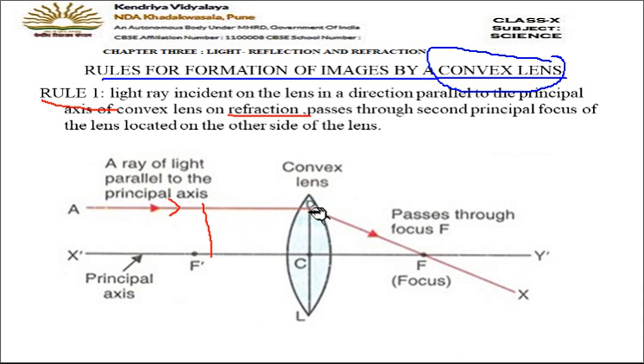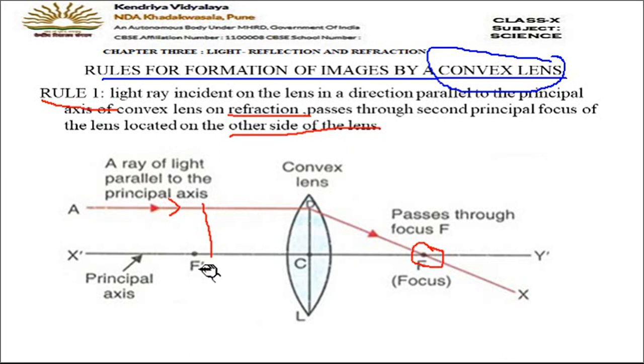So when a light ray which is parallel to the principal axis falls on the lens, it gets refracted, and after refraction it passes through the focus point on the other side of the lens. Why are we writing on the other side of the lens? Because there is a focus point on the same side also. But it will pass through the focus point present on the other side of the lens.